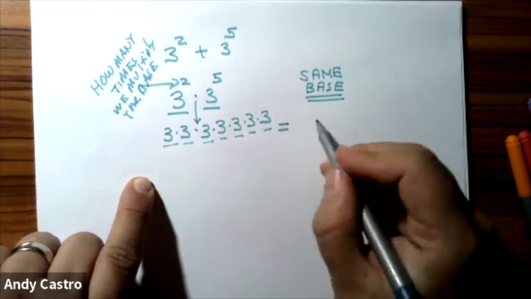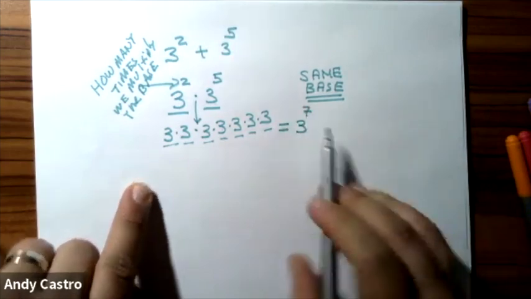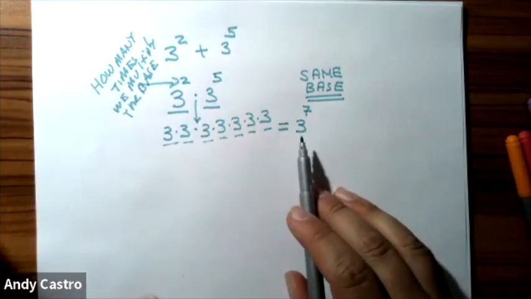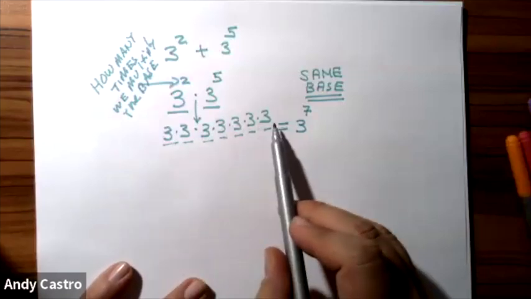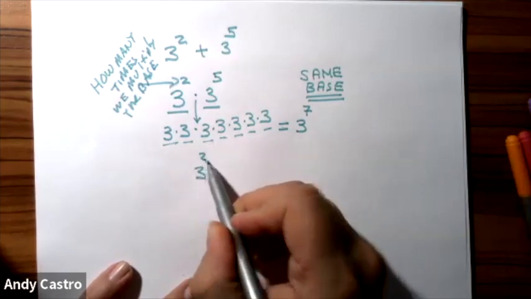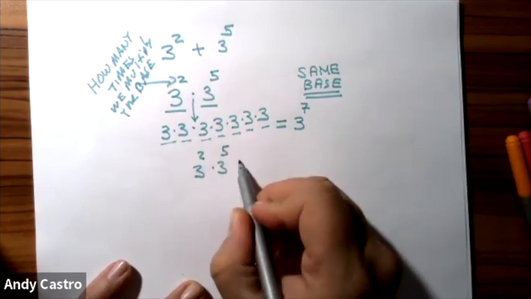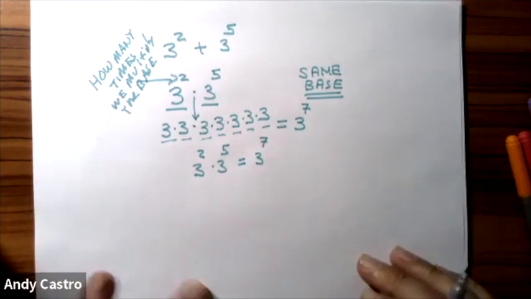So another way we can write this is 3 to the 7th power, because I'm multiplying the base 3 7 times. So 3 squared times 3 to the 5th power is equal to 3 to the 7th power.